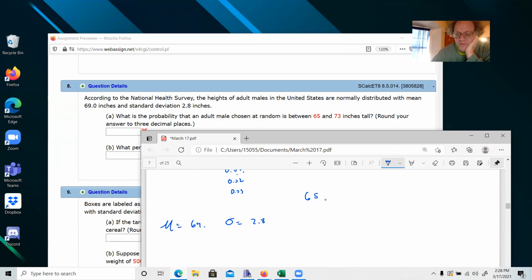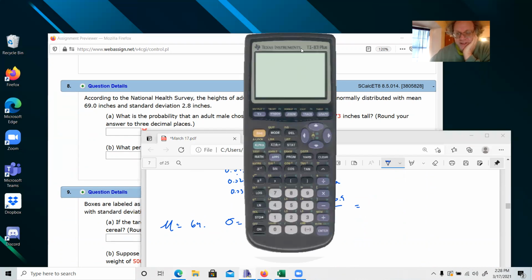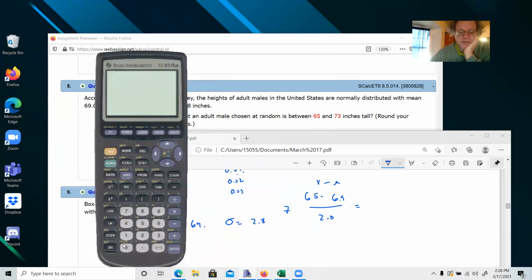So in statistics class of the 20th century, we would take 65 minus 69, X minus mu, divided by the sigma, 2.8. And this is my z-score. I don't have to tell you how to calculate that, but 65 minus 69 divided by 2.8.